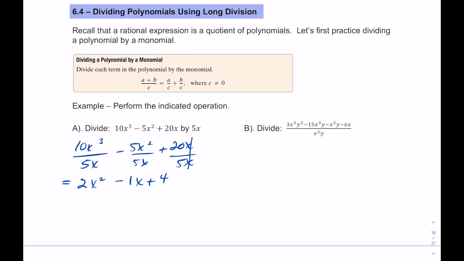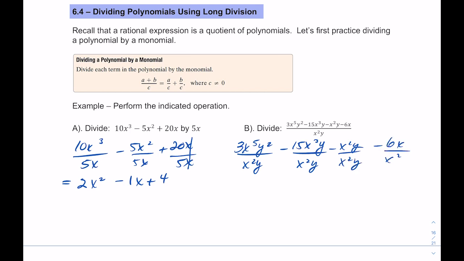In letter B, again, we're dividing. This time it's set up for us. And we're dividing by that monomial x squared y. So again, I can take each term and split it. And now I'm just going to divide my coefficients. 3 divided by 1 is 3.